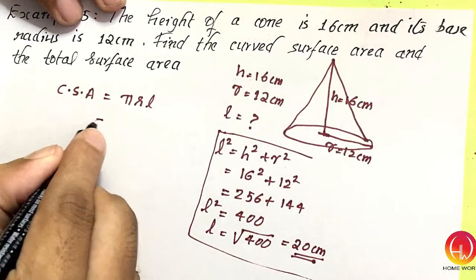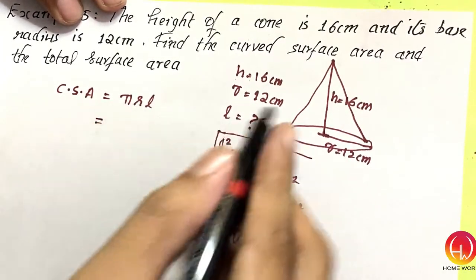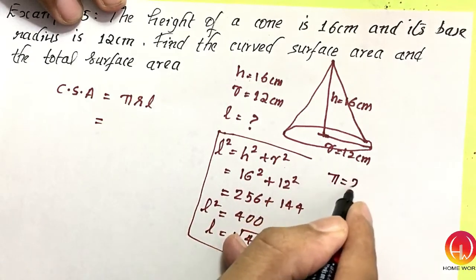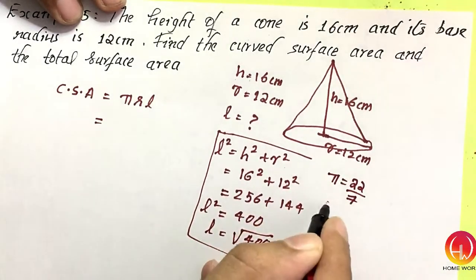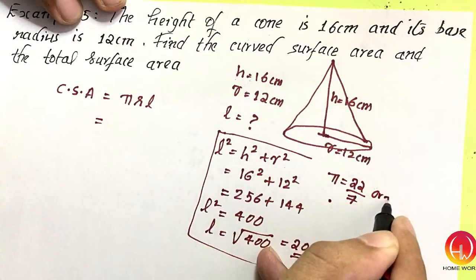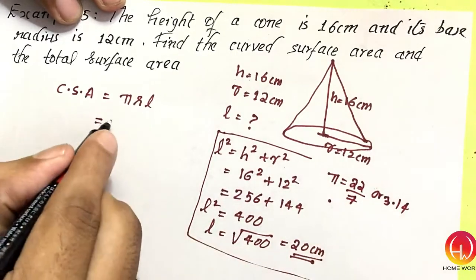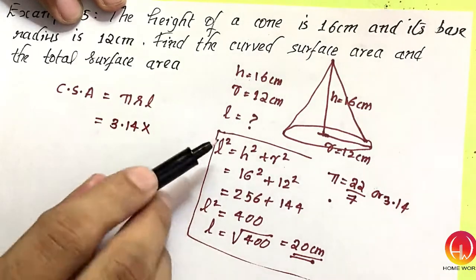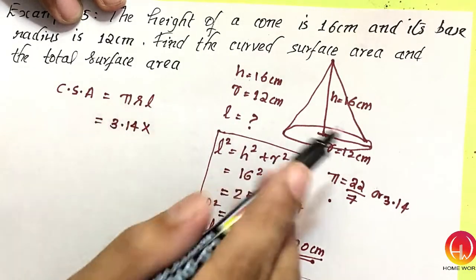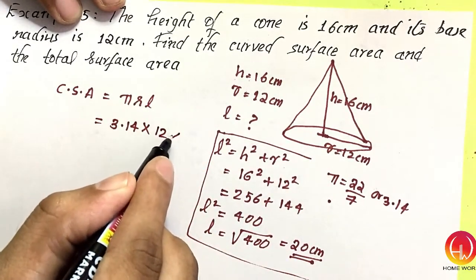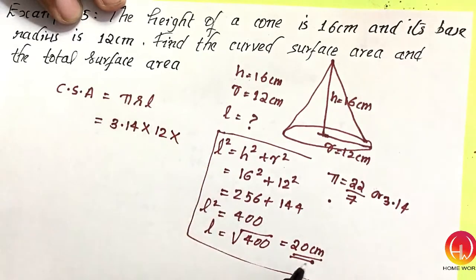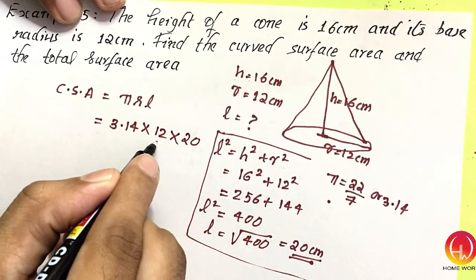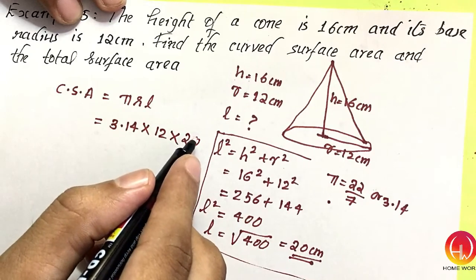Then substitute the values. What's the value of pi? We can use either 22 by 7 or 3.14. In this question we can use 3.14 instead of 22 by 7. Why? Because radius equals 12 centimeter and L equals 20 centimeter, and both 12 and 20 are not divisible by 7.